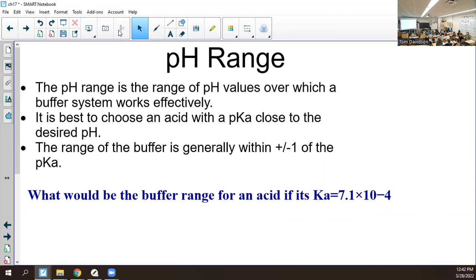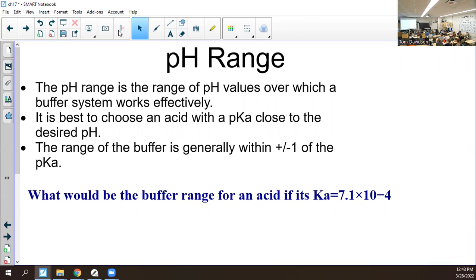All right, so we need a buffer that is very good at maintaining that, which is the carbonate bicarbonate buffer system. We wouldn't want something that only has a range of like 3.5 to 4.5. That would be completely useless. So it's best to choose an acid with a pKa close to the desired pH. All right, the range of buffer is generally within plus or minus 1 of the pKa.